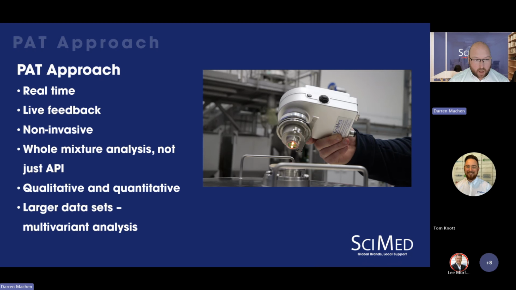It allows you to look at large volumes of data, to deploy qualitative and quantitative models, and to give live feedback in a production environment. If you're in a mill or doing any blending, you want to know where your process is at now, not at the end, due to offline analysis.